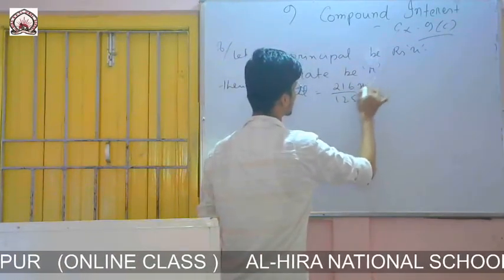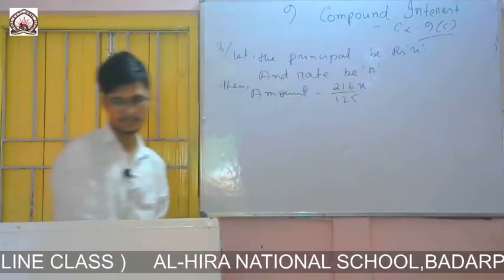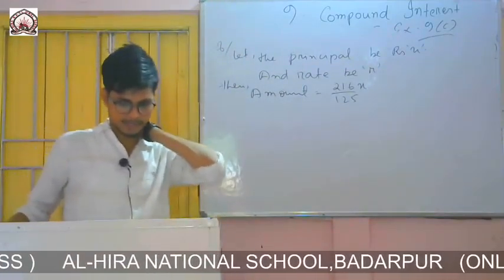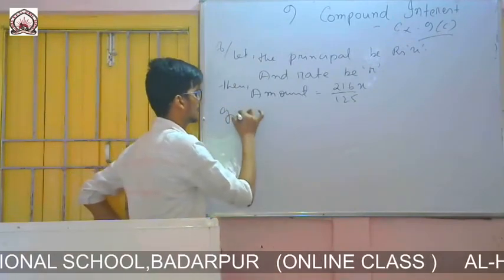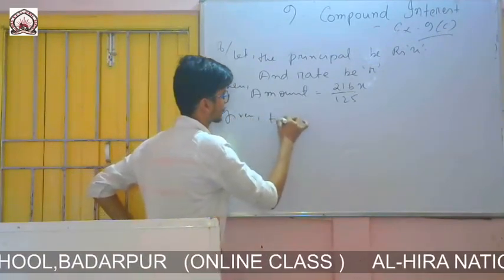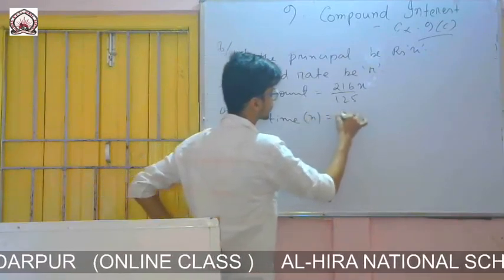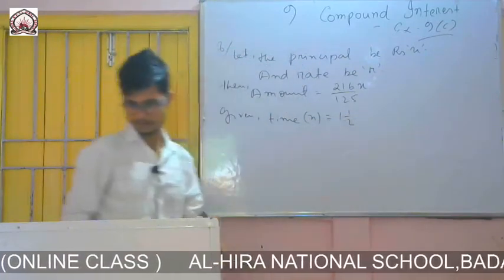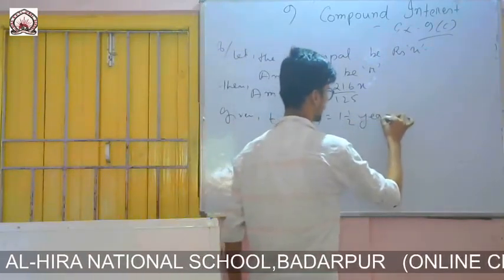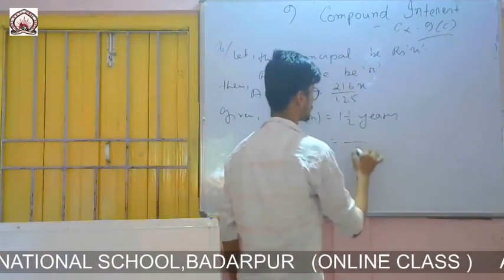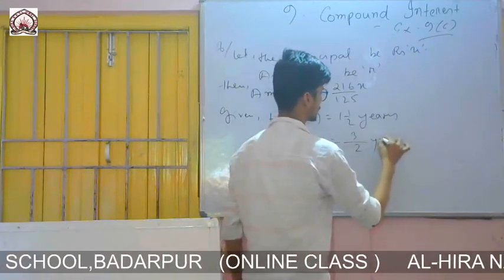So times means into, that means 216x by 125, and it is given that time n equals to 1.5 years, which is equals to 3/2 years.